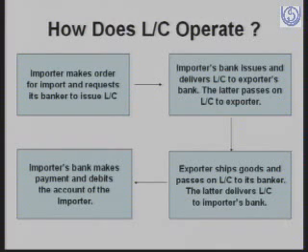When the LC reaches the exporter's hand, the exporter makes the export of goods according to the specifications mentioned in the LC, and then passes the LC along with the other export documents to its banker.